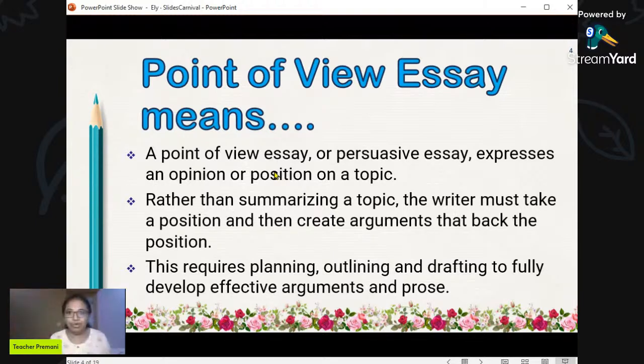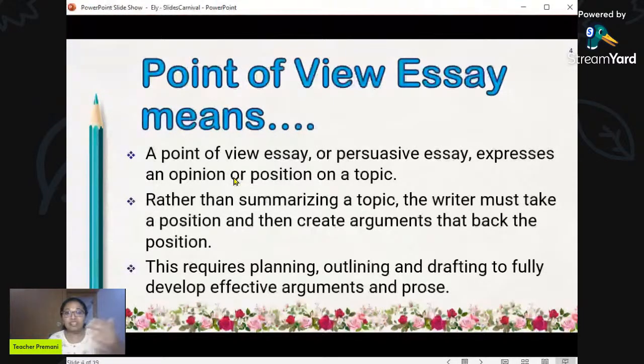To make them agree, you must present the facts and the content. For that you have to express your opinion and your position on the topic, whether you agree or disagree, or sometimes you have to put both. That's what we're going to see today. And in the end, you must give a general conclusion that it depends on the person who uses it.